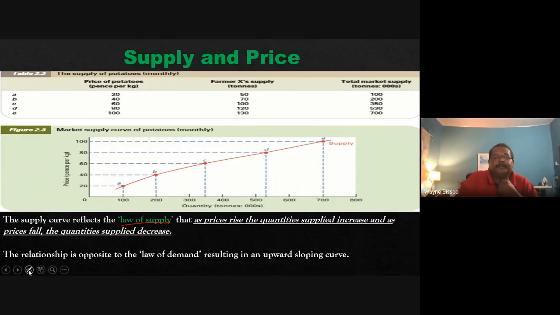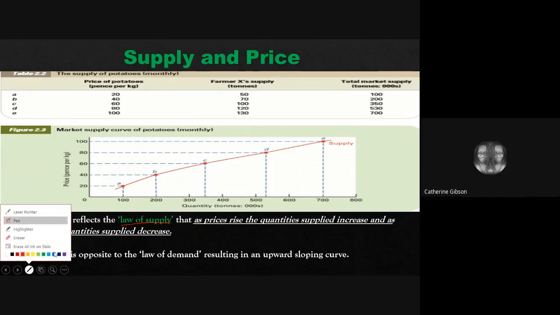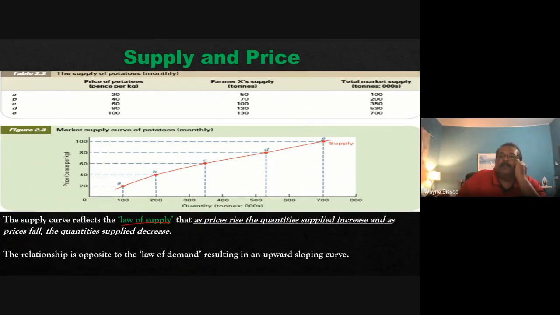Anybody? So if we move from point E to point B, caused by a fall in the price from 100 to 40, what would we call the movement along these two points, from here to here?